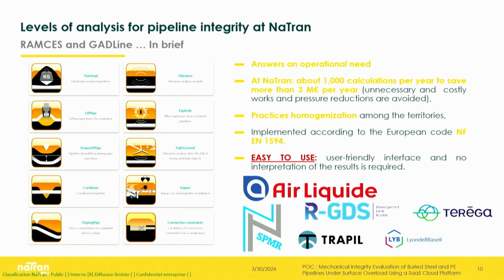For Ramses, as you can see, it has many modules that respond to a lot of operational issues like overload, vibration, lifting of the pipes, slow pipeline in slopes, and so on.